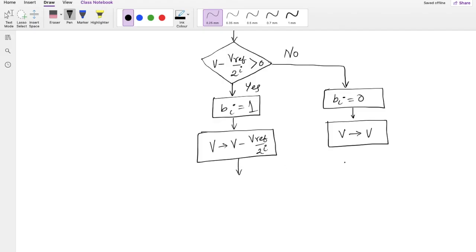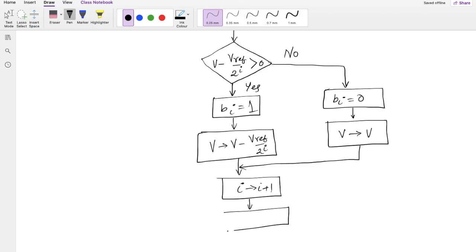The next thing we are supposed to do is update I as I plus 1. The same thing follows like the conventional SAR ADC. Here we do a basic comparison again, whether I is greater than n or not.